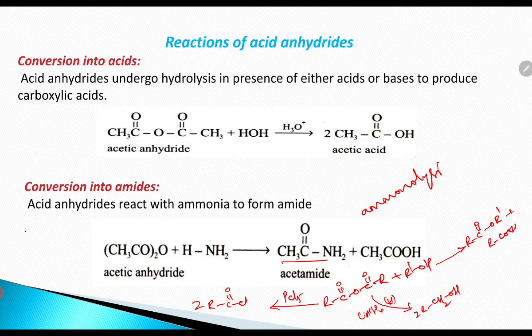They can be converted into acids by hydrolysis, or into amides by ammonolysis, or into esters by alcoholysis. They can undergo reduction and give rise to alcohols, and also they react with dry HCl or phosphorus pentahalides and give rise to acid halides. Here I have taken the example of phosphorus pentachloride, and therefore it gives rise to acid chloride. These are some of the reactions of acid anhydrides.